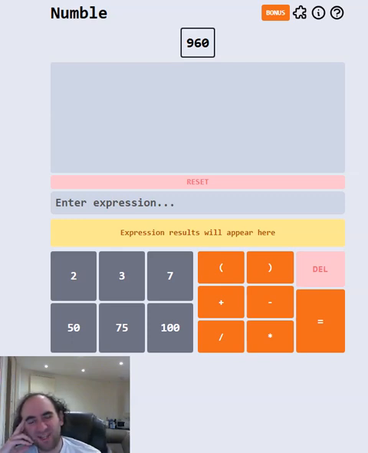Is there another way of getting to 20? 100 minus 75 is 25, but we can't make 5 out of 7 and 3. That feels close though. What else multiplies to give 960? 2 480s. We can't get 480. 3 times 320.